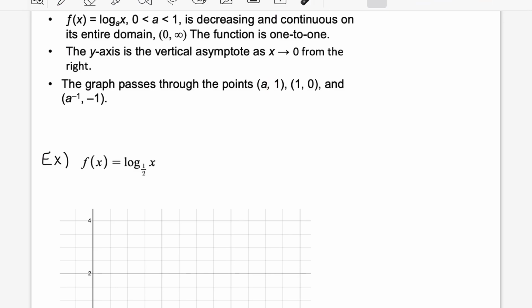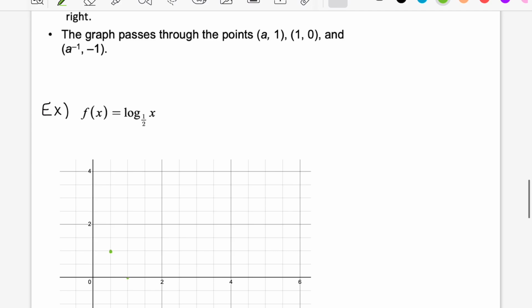So we know our graph's going to pass through these 3 points. The first being a, comma 1 here, where a is 1/2. So we're going to have a point at 1/2, comma 1 there. We also know we're going to pass through 1, comma 0, so that'll be that point there. And lastly, a to the negative 1, comma negative 1. Well, in this case, our a is 1/2. Raising that to the negative 1 power gives us 2. So we're going to have a point at 2, comma negative 1. So right about there, and our vertical asymptote is our y-axis, so we're not going to cross that guy.